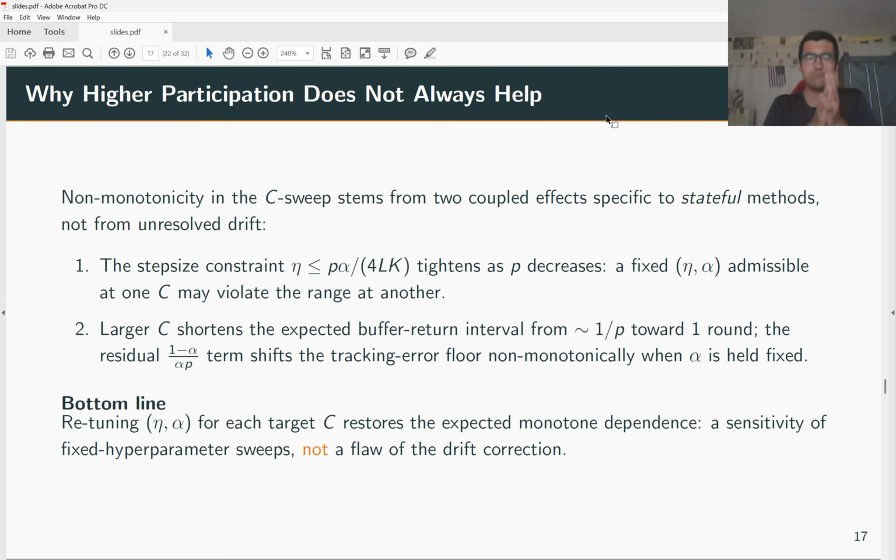The bottom line: once you retune eta and alpha for the target participation level, the dependence becomes monotone again, matching the standard intuition. It's a sensitivity of fixed hyperparameter sweeps, not a flaw of the drift correction.